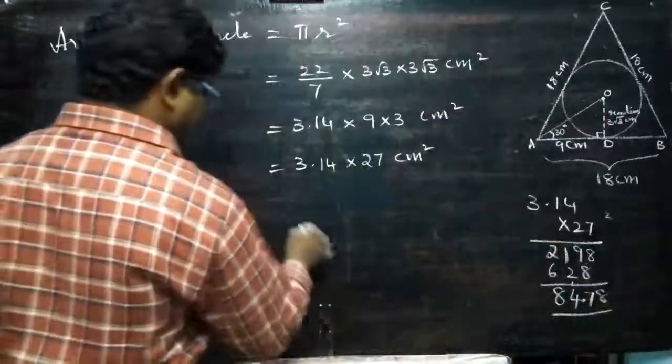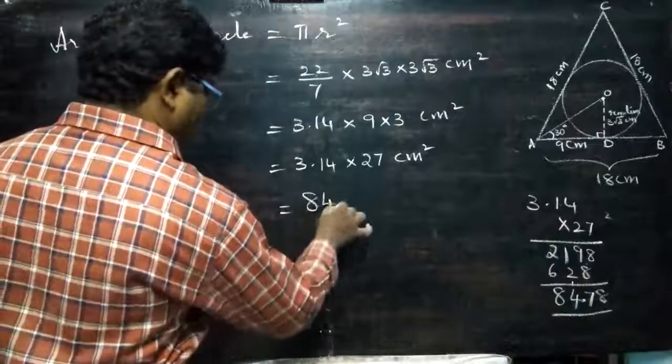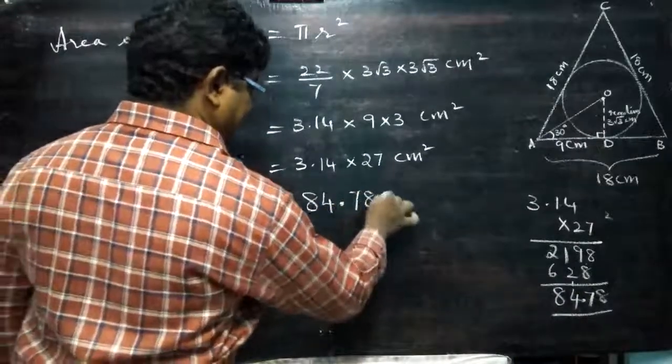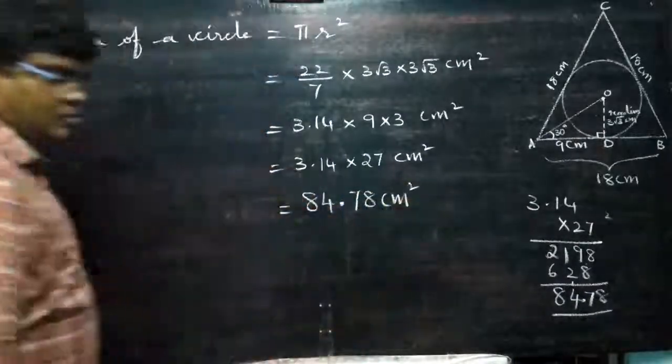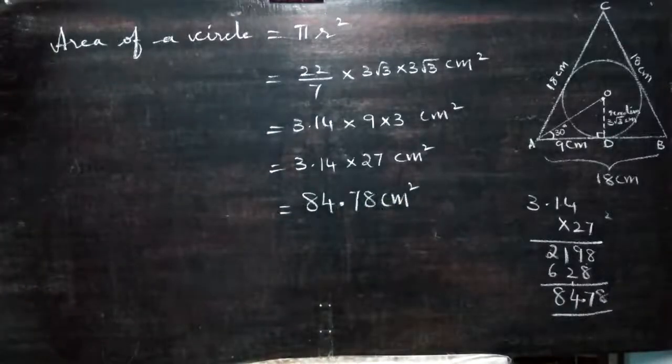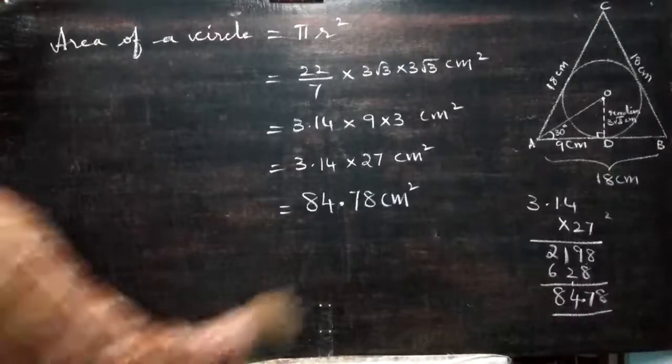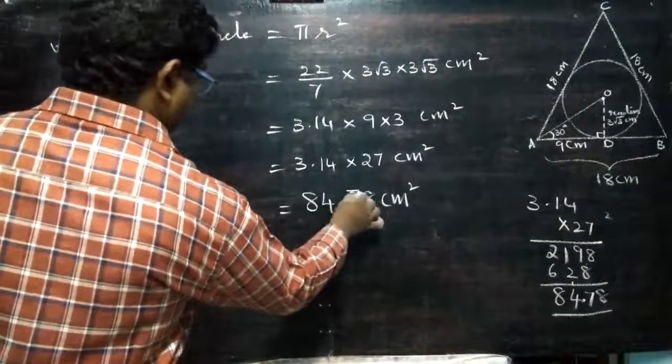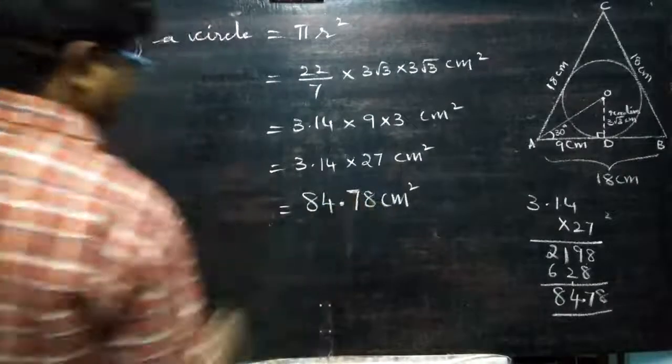So you got 84.78 centimeter square. Therefore, the area of the circle is equal to, write clearly, 84.78 centimeters, or square centimeters is also correct. This is 7, write clearly.